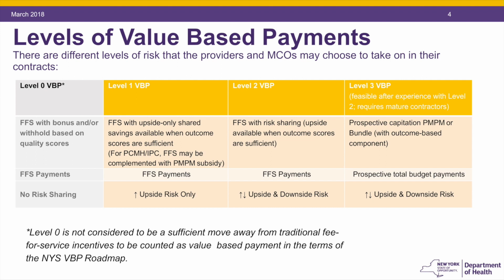It's an upside-only risk-sharing type of arrangement, where the payment structure pretty much stays fee-for-service, but there is a potential to generate some savings if that arrangement is value-based, and then we'll talk later a bit about what the components of a value-based arrangement are. Level 2 type of arrangement is the upside and downside risk sharing. Again, payment structure and payment methodology is probably still fee-for-service, maybe some prepaid capitation, but largely fee-for-service.